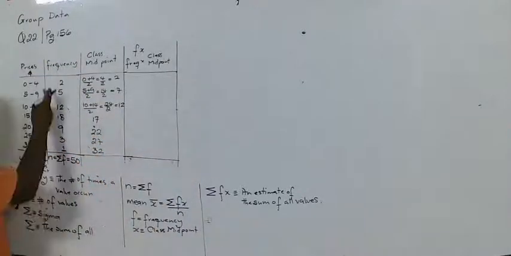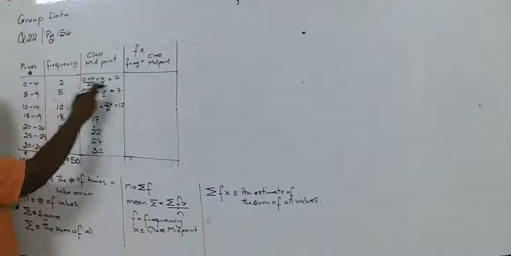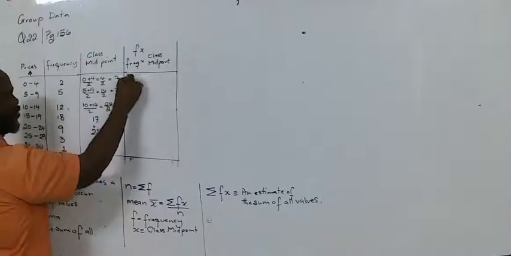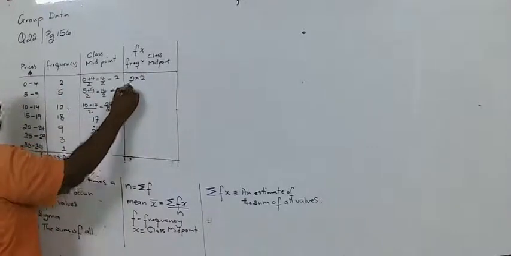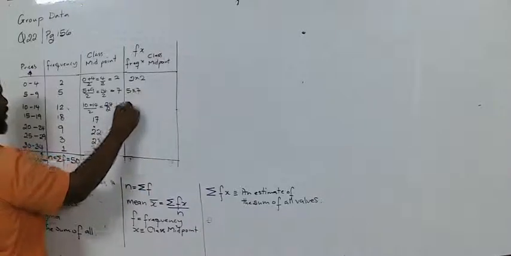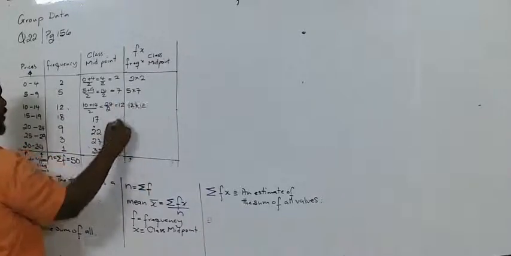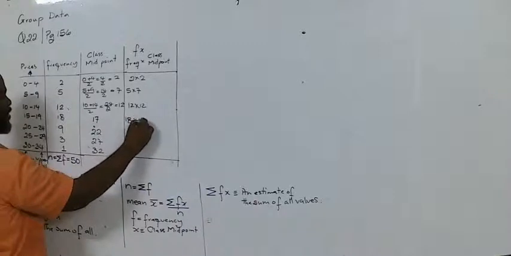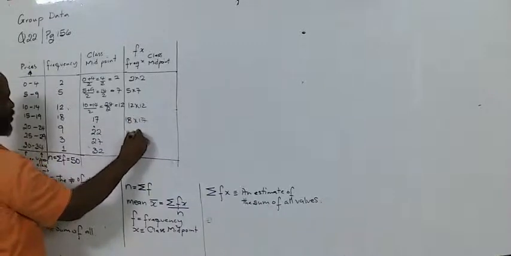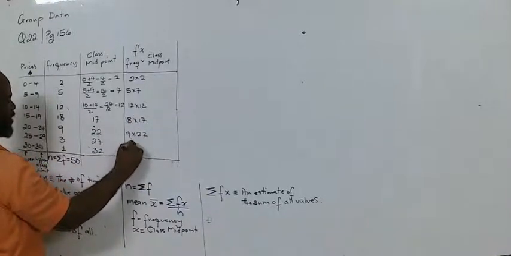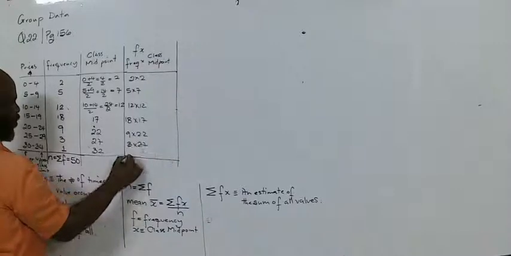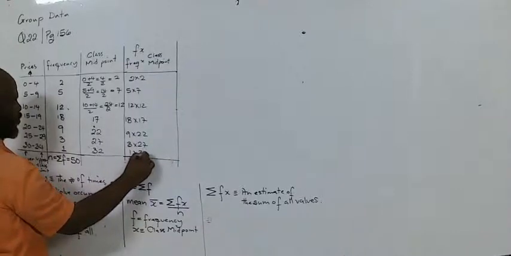Watch me. Frequency is what? Class midpoint is what? This is 2 times 2, 5 times 7, 12 times 12, 18 times 17, 9 times 22, 3 times 27, 1 times 32.